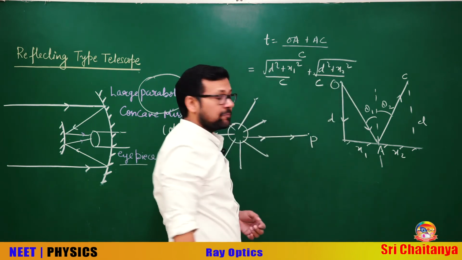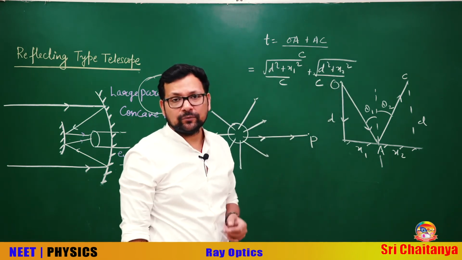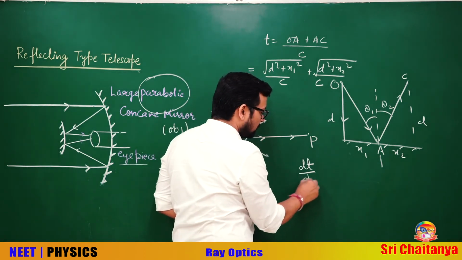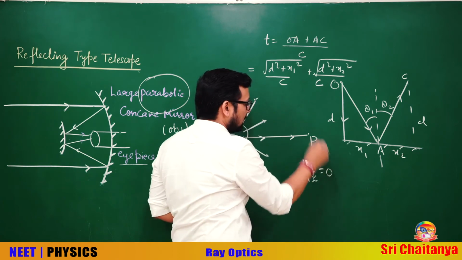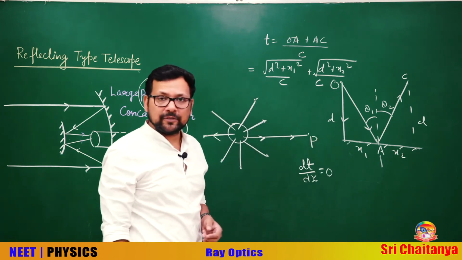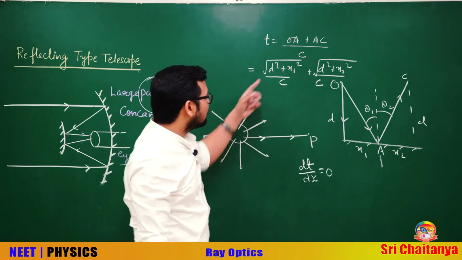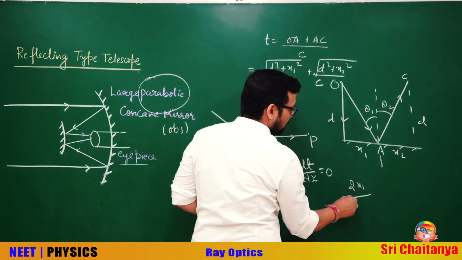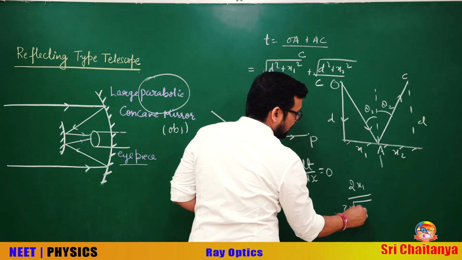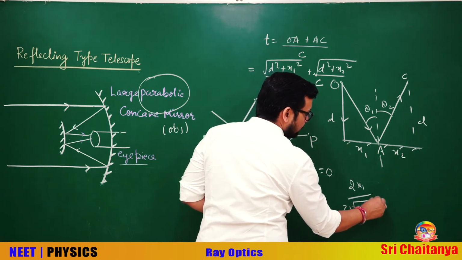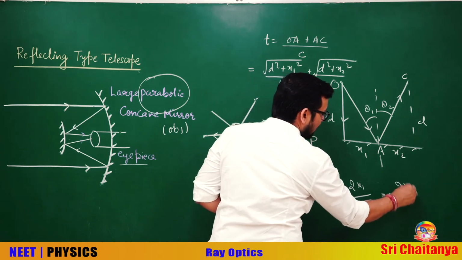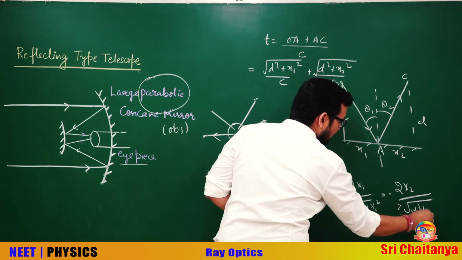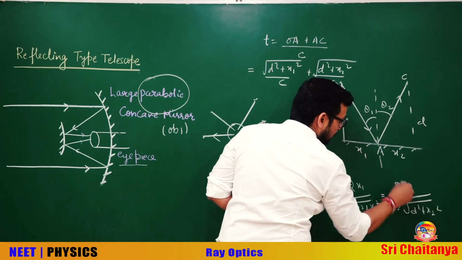Now this is the time, but according to Fermat, time is minimum as well as maximum. So from the concept of maxima and minima, dt by dx should be 0. When you differentiate this, you will get 2x1 upon 2 under root of d square plus x1 square, minus 2x2 upon 2 under root of d square plus x2 square.